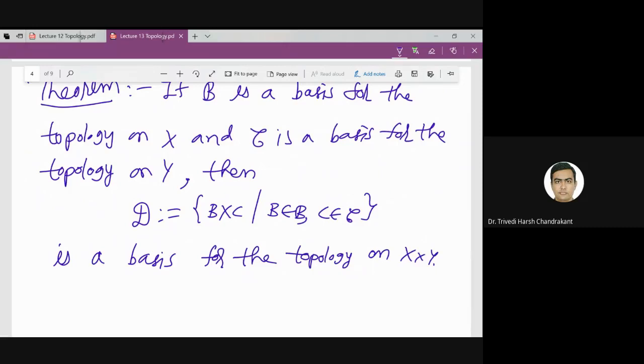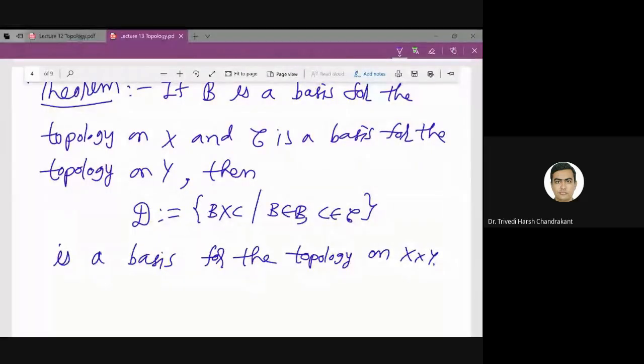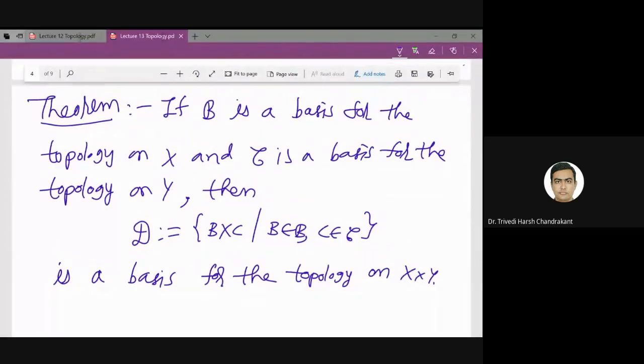So this is actually a statement, not a question. So what we are asking here, is this statement clear?